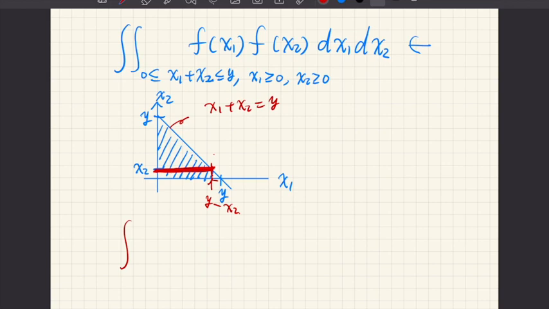Okay, so let's see. This integral is equal to, so we fix the value of x2 and integrate over x1 from 0 to y minus x2.